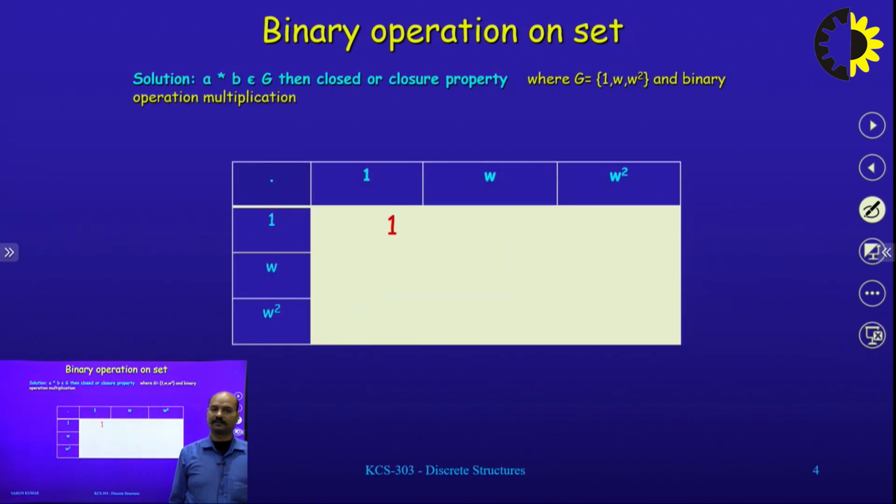We check another example: what is omega? Omega is the cube root of unity.